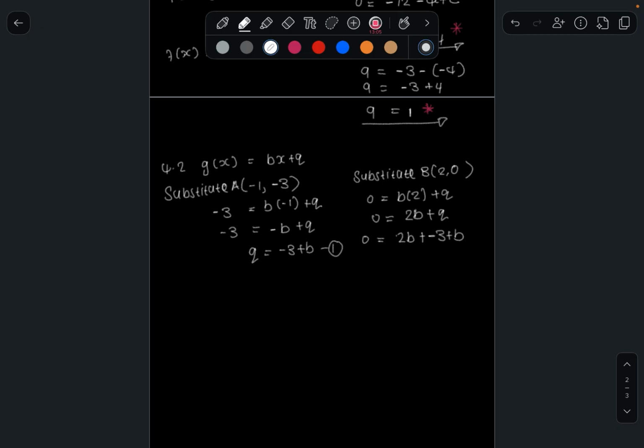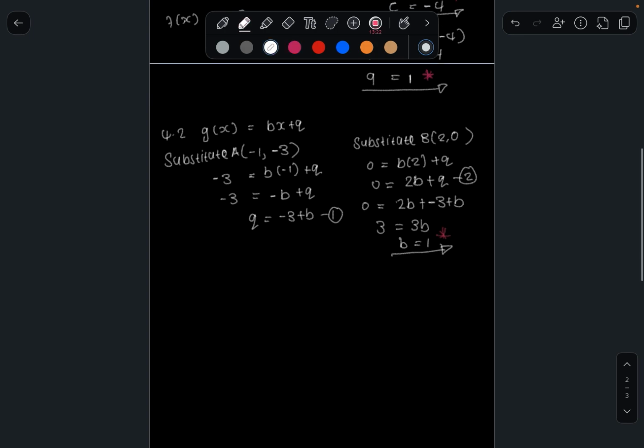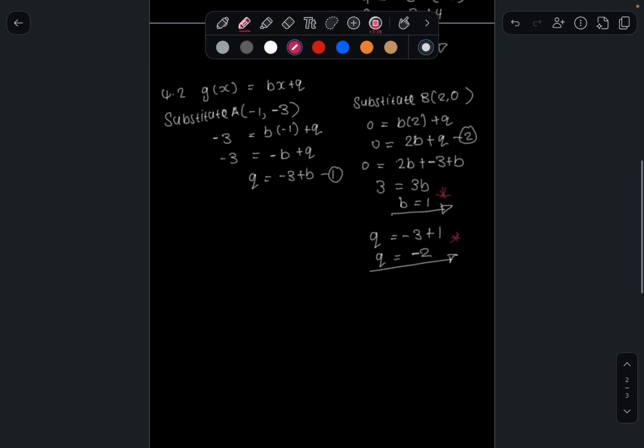Basically, 1 into 2, right? 3 to the other side, 3b, b is equals to 1. Note it down. Go back to q, sorry. q is equals to negative 3 plus 1. Then q is equals to negative 2. Note that down. We can also note our new graph, g of x.